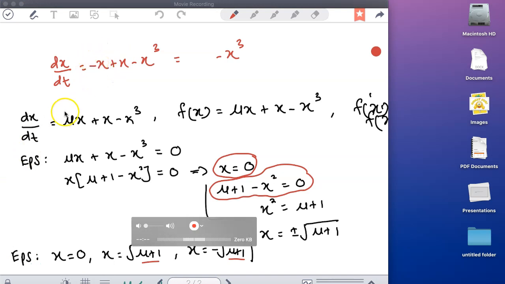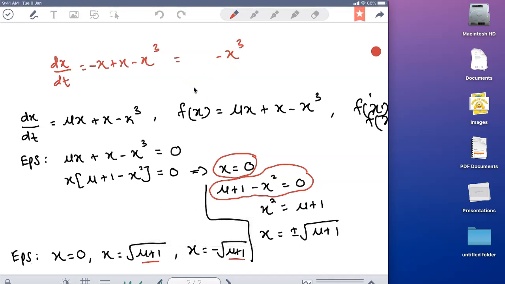After you replace mu by -1, this one is eliminated, so you only have -x cubed. So next we're going to look at the phase line, because using the formula or the theorem failed, so we have to use the phase line.